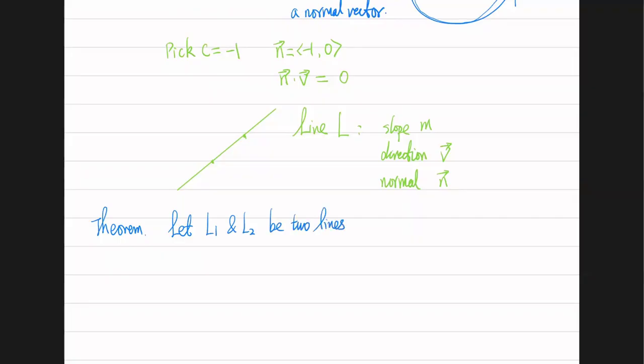We consider two lines, each one has a slope, direction. I write them separately, easier for you to see. Slopes M1, M2.